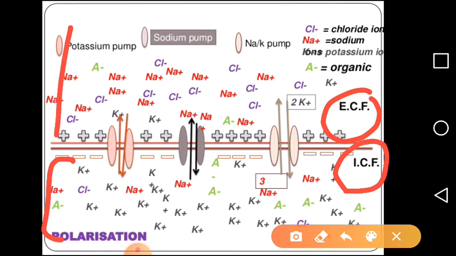As you can see, there are three types of channels. The first one is potassium channel, the second is sodium ion channels, and the third is chloride channels. You can see that through these three different channels, potassium, sodium and chloride ions are simultaneously passing either inside or outside.